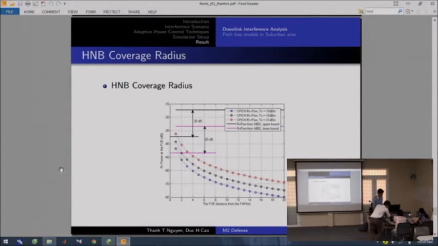The first figure is the maximum allowed transmit power of the macro cell, but in reality they only transmit 40 dBm, and out of 40 dBm they use 33 dBm to transmit the pilot energy to attract users to come to the macro cell.